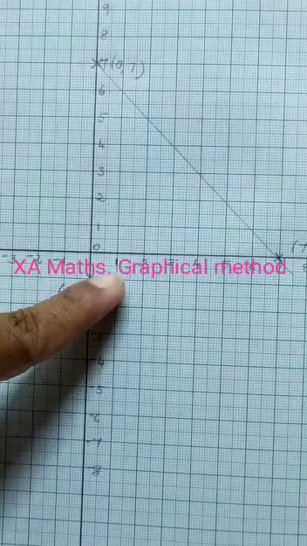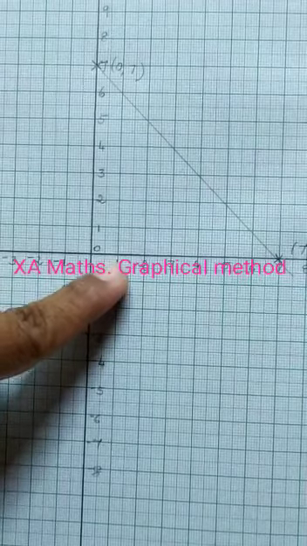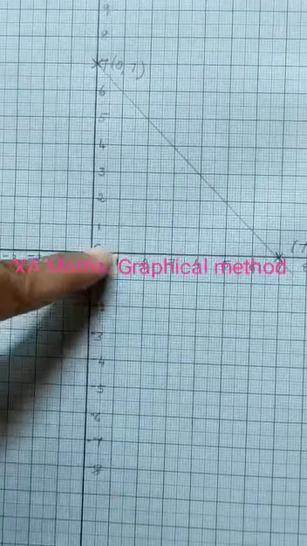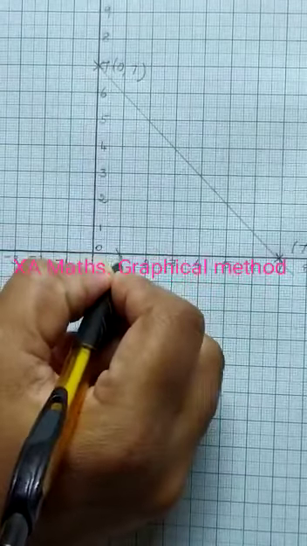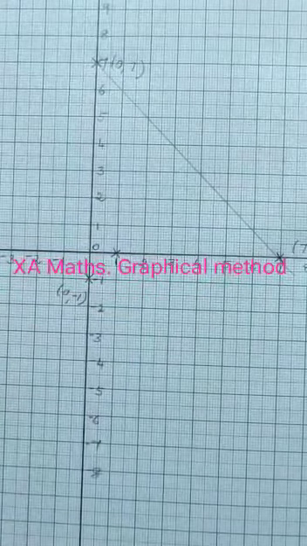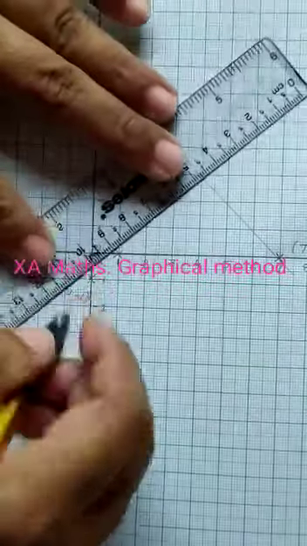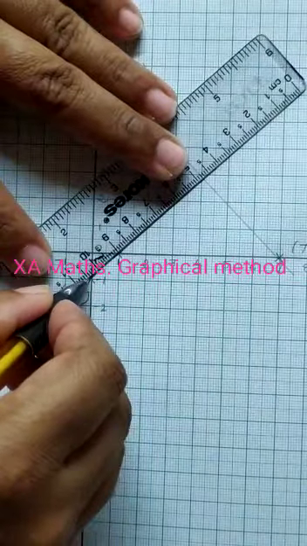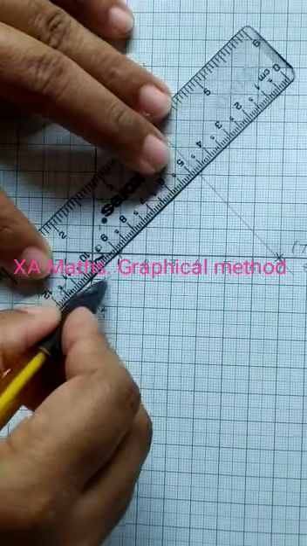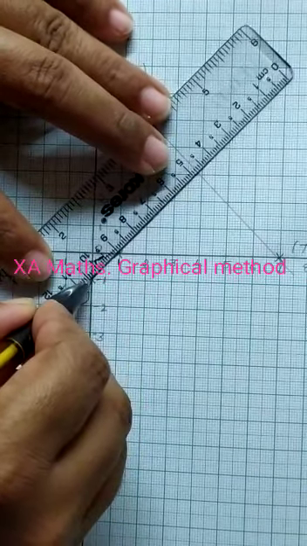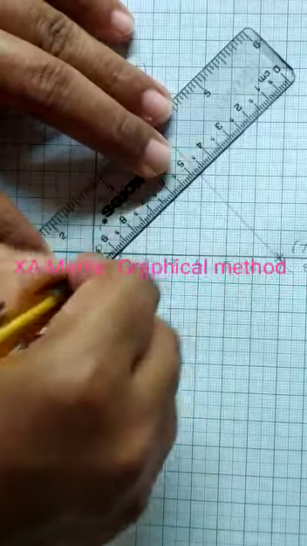We'll mark it. See, 1, 0 will come here only. Now join these two points. Exactly, you have to join them correctly.